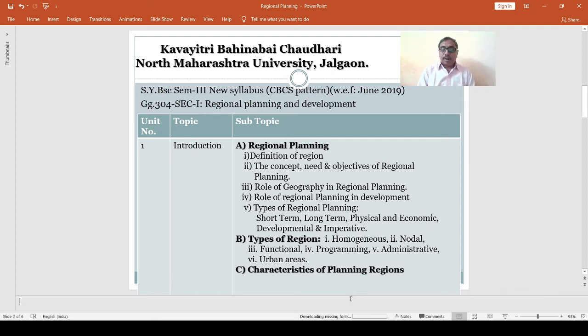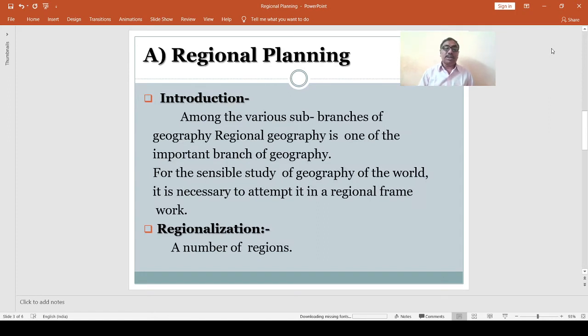Then the concept of a region, then the objective of a region, then the regionalization are also necessary to take into consideration.